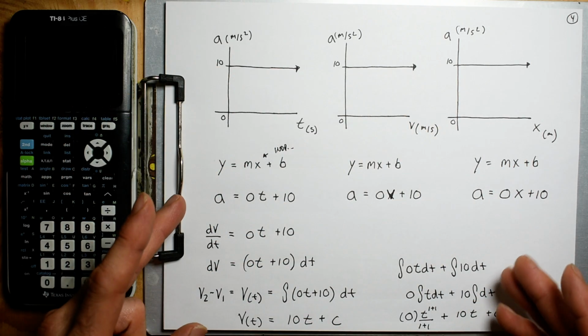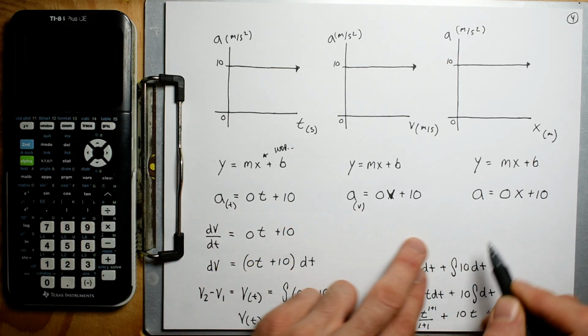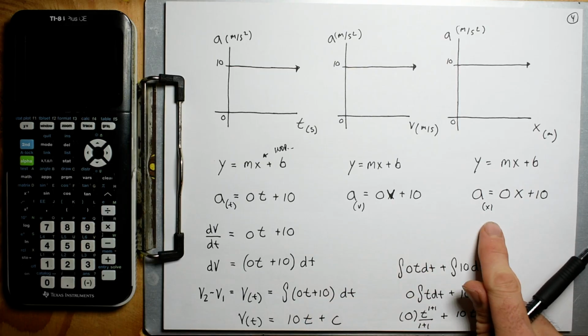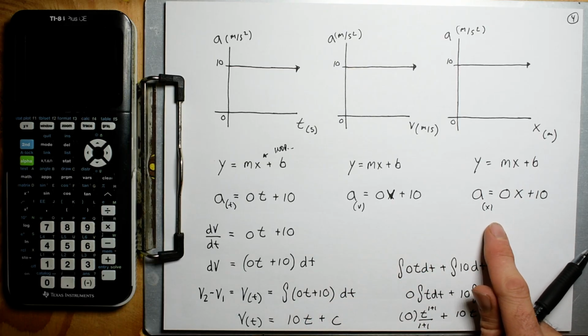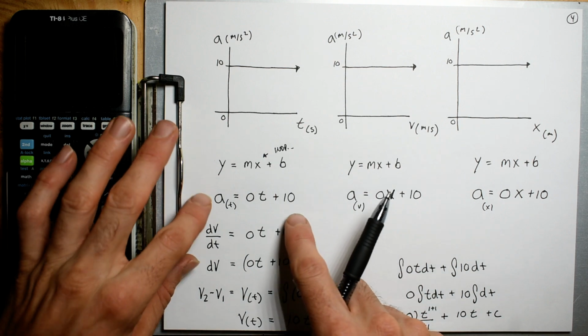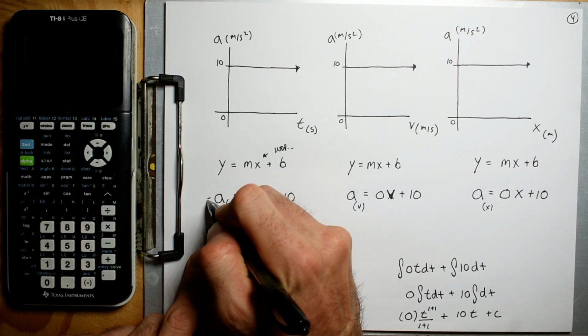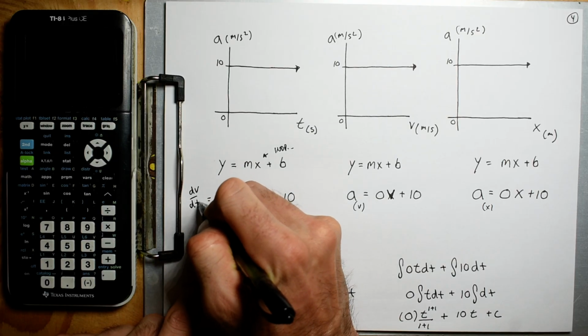So here are three different equations. This is acceleration as a function of time, this is acceleration as a function of velocity, and this is acceleration as a function of position. Now we can integrate these. I guess this is typically the one you integrate, because acceleration by definition is dv dt.